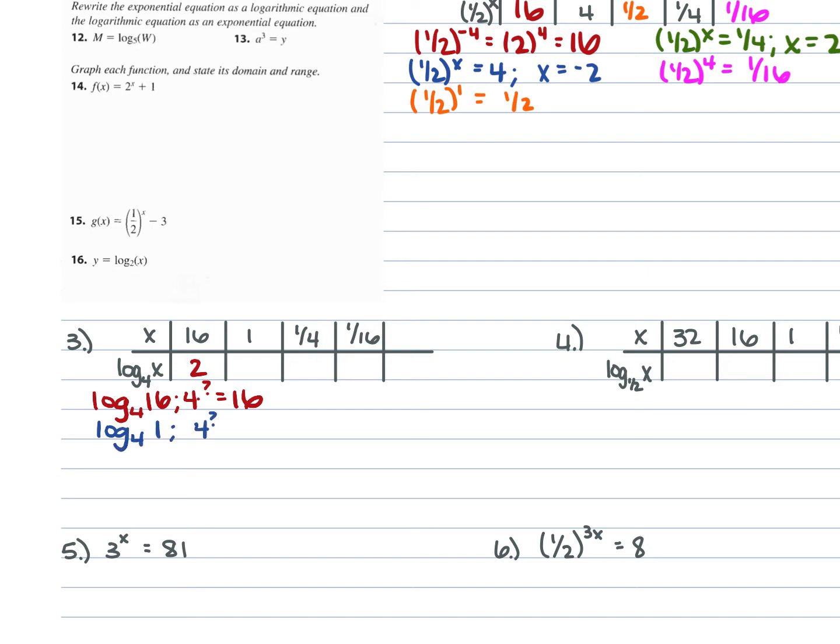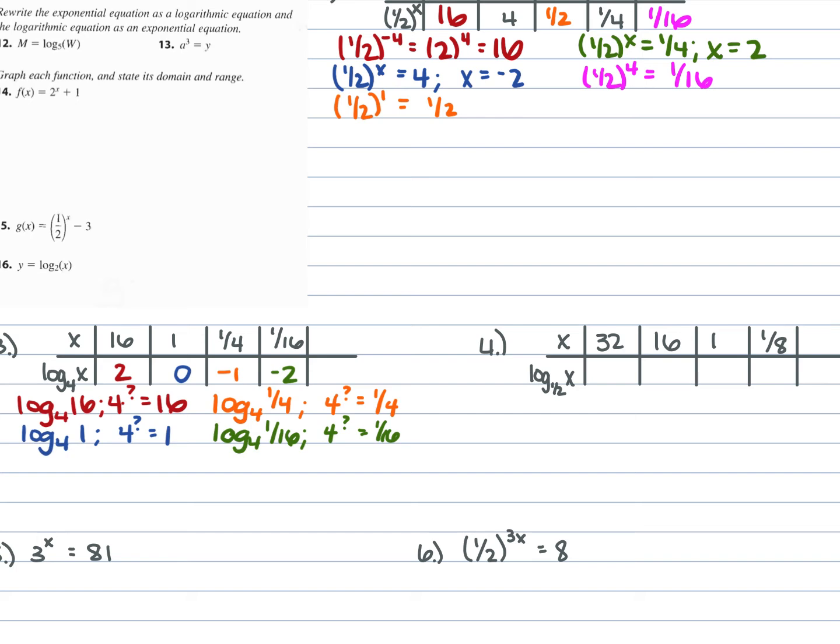So 4 to what power is 1? That would be 0. Next we have log 4 of 1/4. So 4 to what power gives us 1/4? That's -1. And lastly, we have log 4 of 1/16. So that's 4 to what power is 1/16? Well, that would give us the -2.